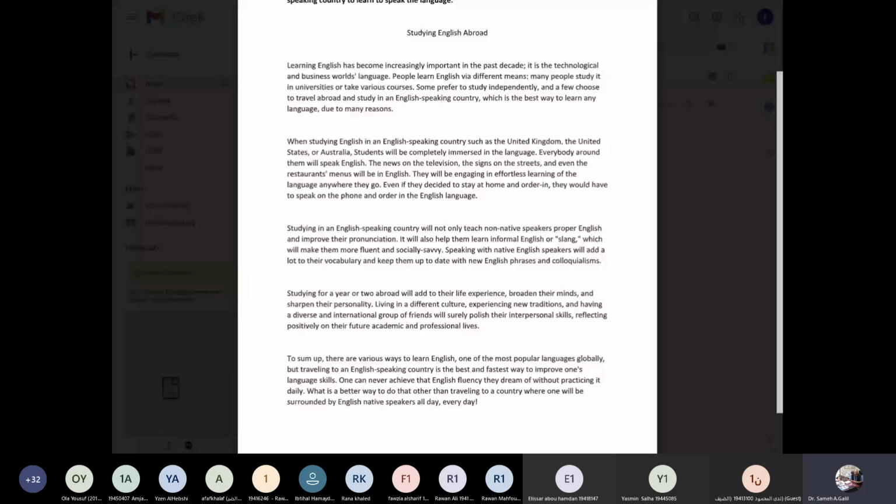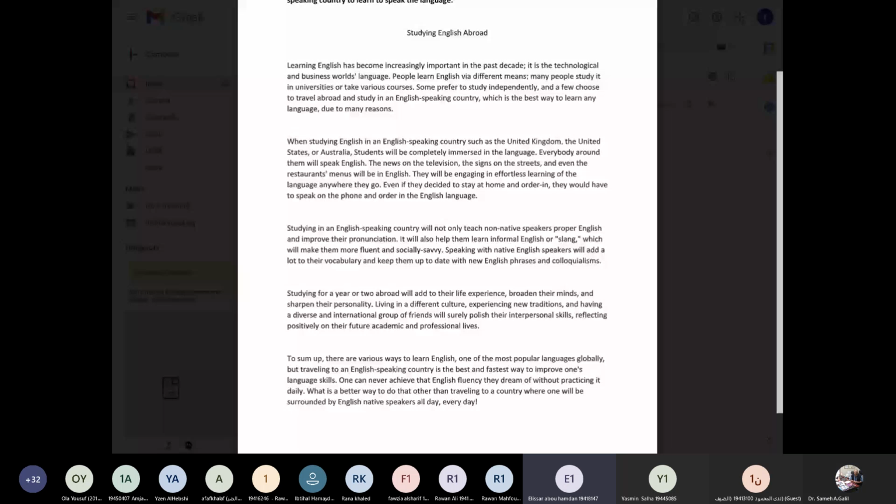So the challenge that I see here is whether she has fulfilled the promises. What were the promises? The promise she made would be that the best way to learn any language is to travel abroad. And she said that I am going to give you many reasons. Did she give us the reasons that she said she would? Yeah, in the three coming paragraphs, she really mentioned a lot of reasons for that, starting from the least important to the most important in the last one.